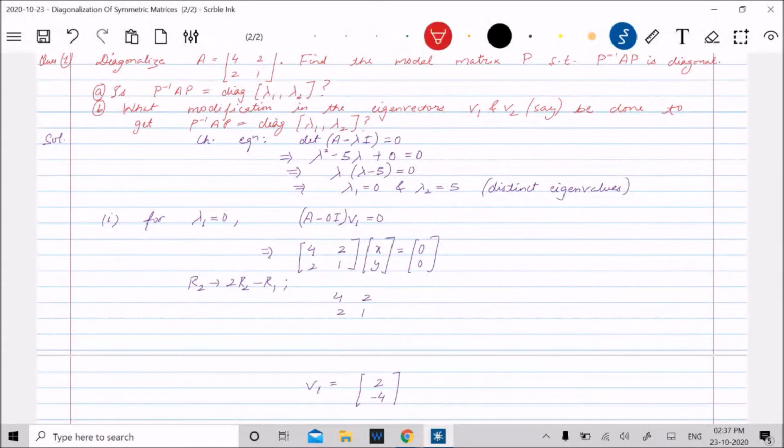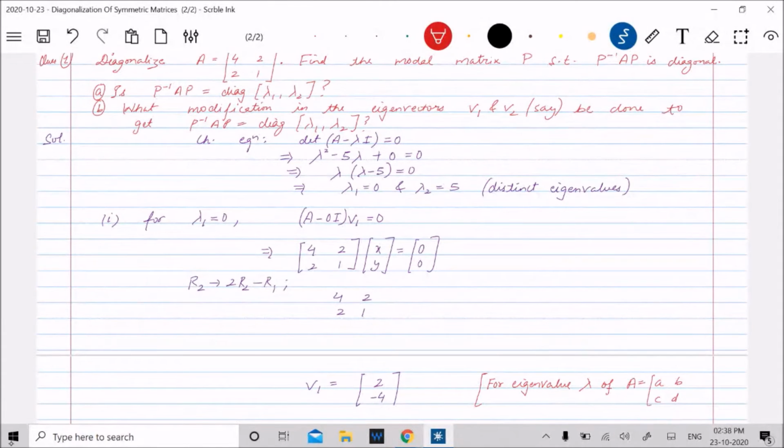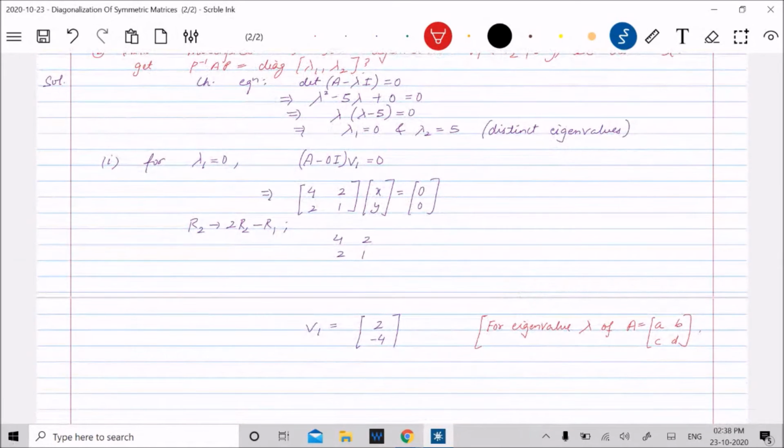And the trick is this trick. See this secret formula. This is a formula for an eigenvalue lambda of a square matrix A, B, C, D: the eigenvector is V equal to B and lambda minus A. This is a shortcut trick to write an eigenvector without actually doing any calculation.